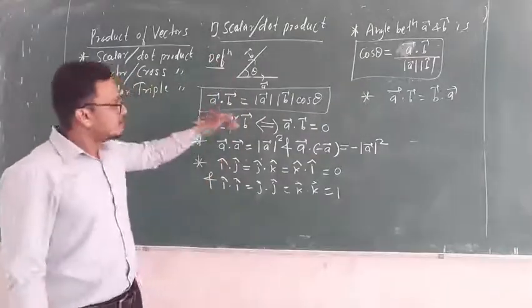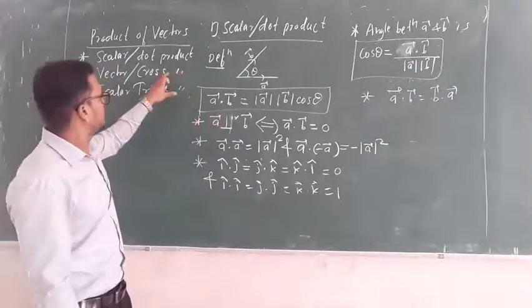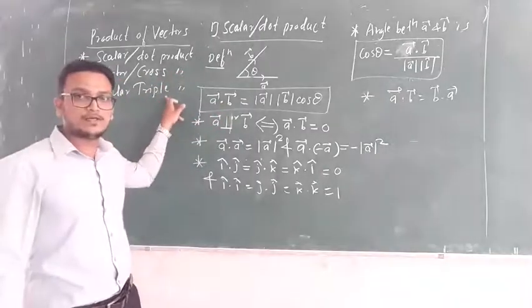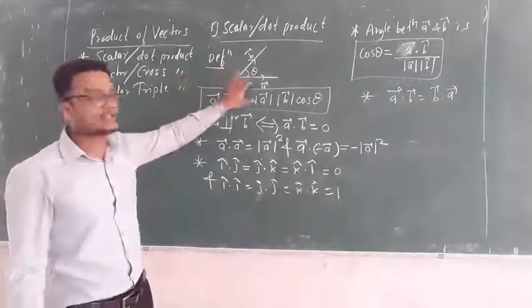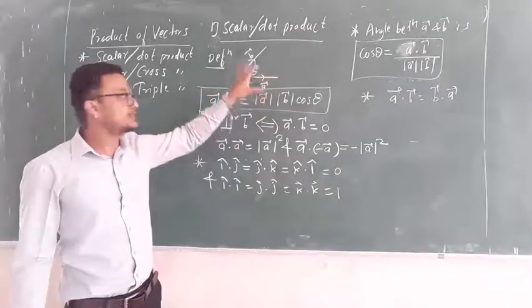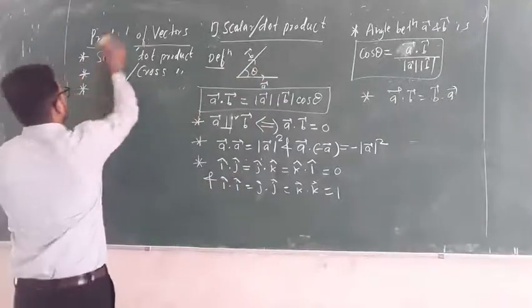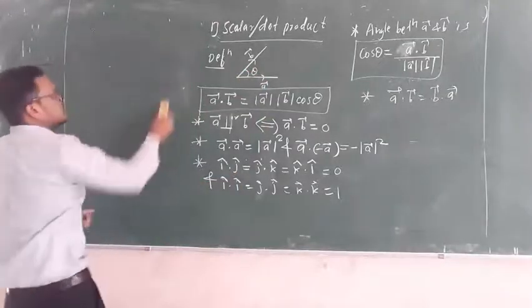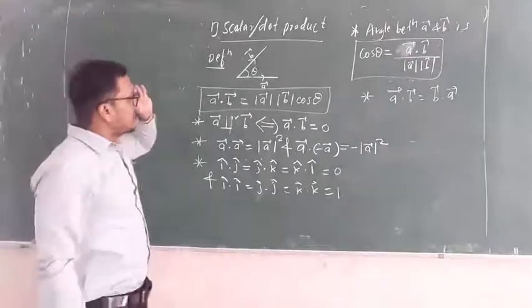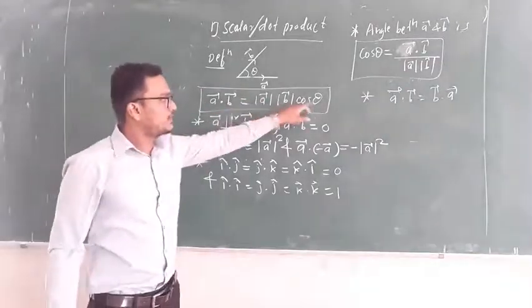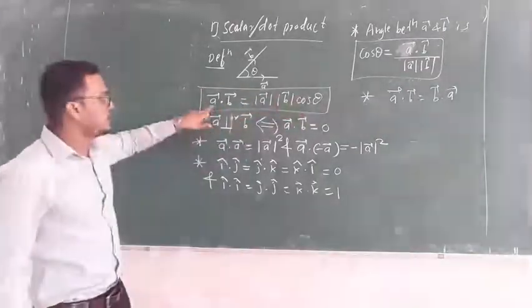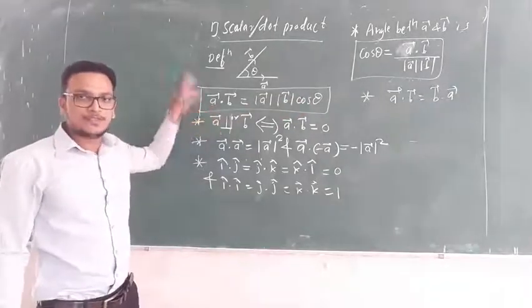Similarly, we are going to see the same properties for two more types, but in the next class, after the completion of the problems of this first type. One more property I will explain. If magnitude A, magnitude B and theta are given, then you can calculate A dot B directly.